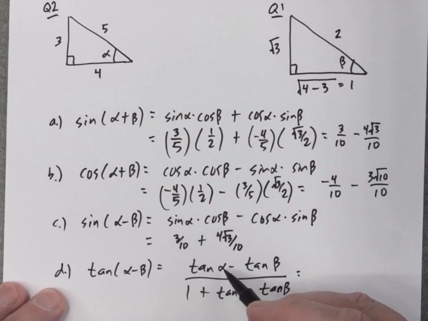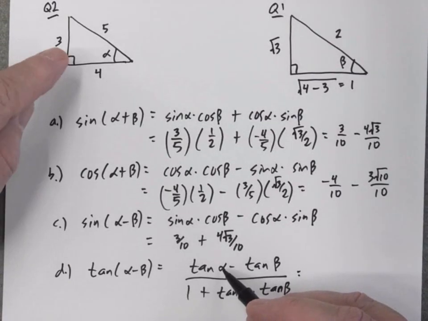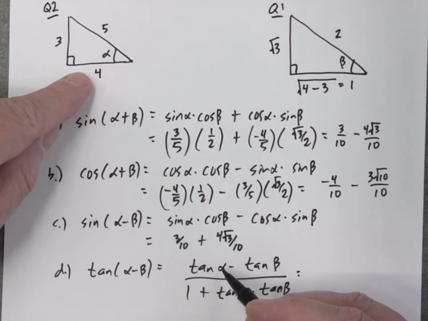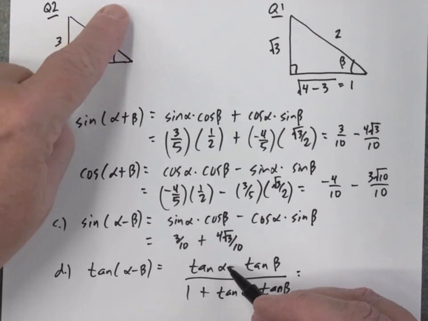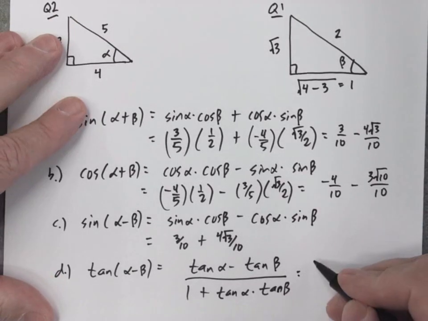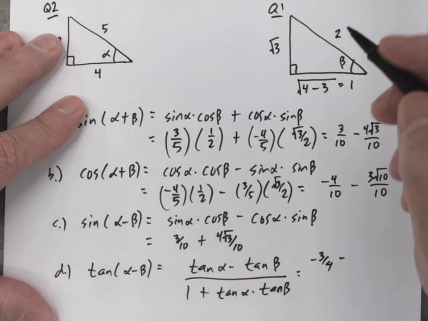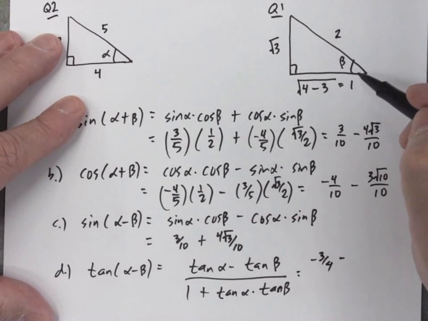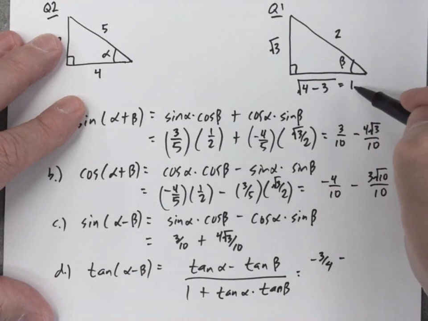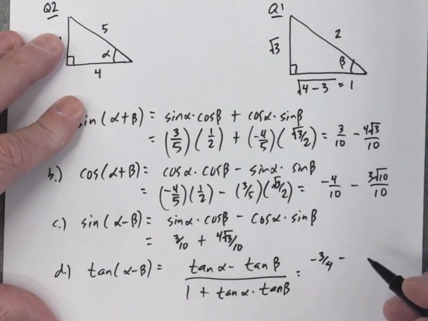So tangents are opposite over adjacent, TOA. Quadrant 2, you can see first negative 3/4, so negative 3/4 minus tangent of beta, TOA, opposite over adjacent, so it's just square root of 3.